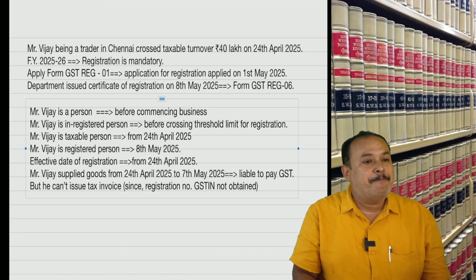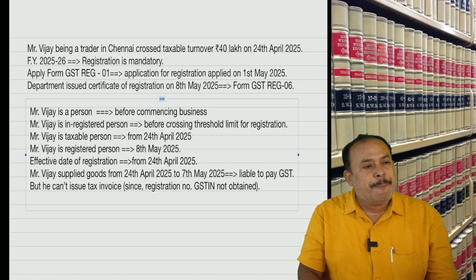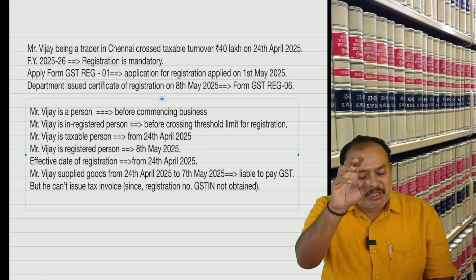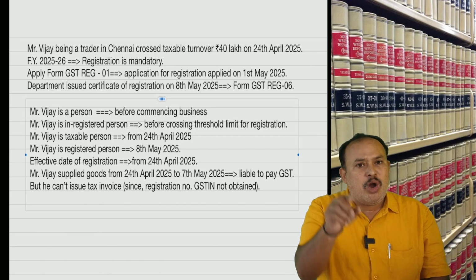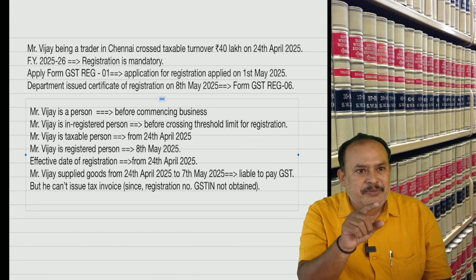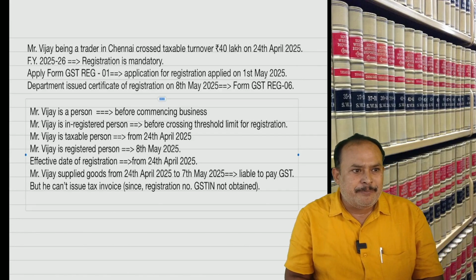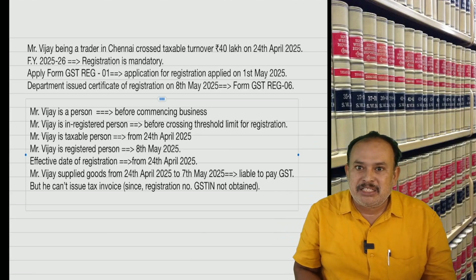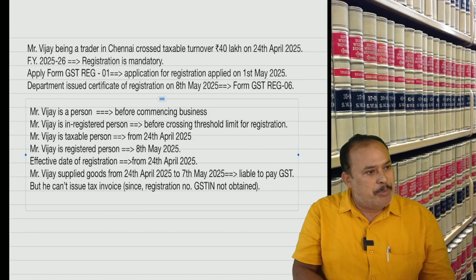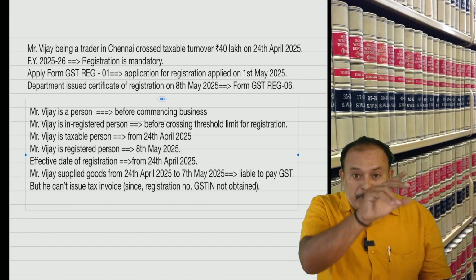That is the reason. Correct? Now, if so, the law says, hey, Mr. Vijay, you opened the registration when? 8th of May you opened the registration number. Then you have to pay the GST for those supplies which you made during the period from 24th April to 7th May. Those supplies you are liable to pay GST.